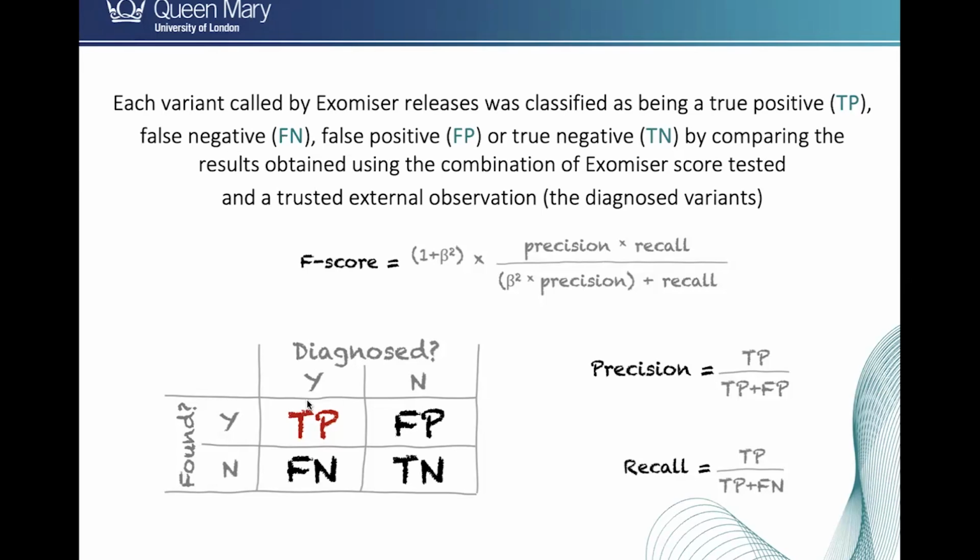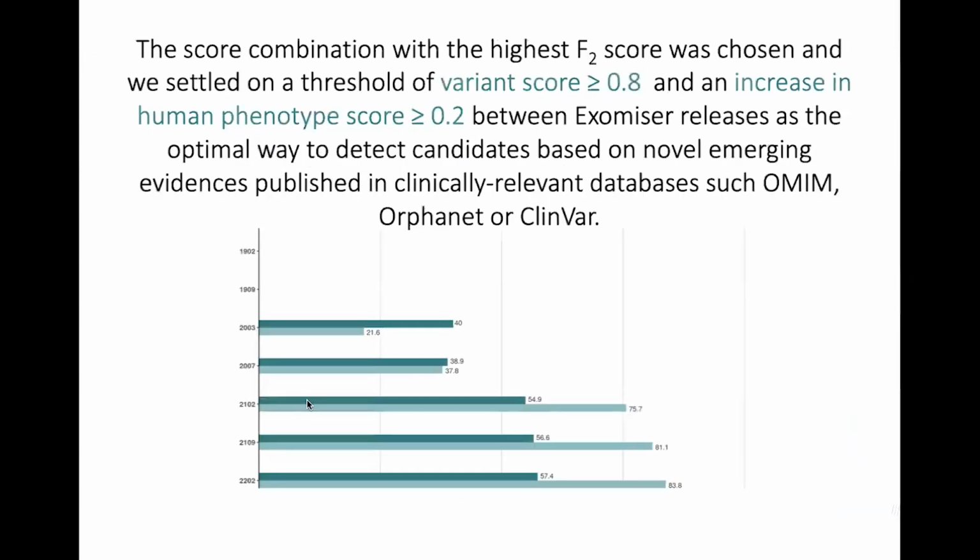From these parameters, precision and recall, we extracted additional measurements like the F-score or the F2 score, where in particular the F2 score weights recall higher than precision.